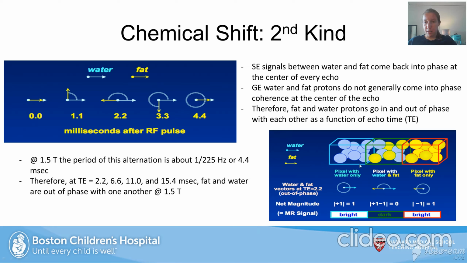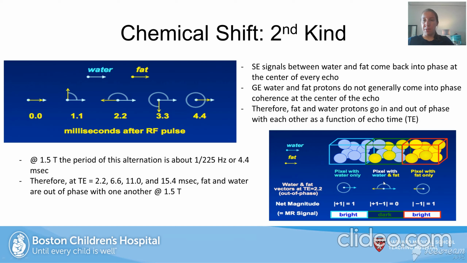So if we look at this image down here, and how this translates to an image, if this is a voxel with water only, and this is a voxel with fat only over here, they're going to be in phase with each other, and they're going to show up as bright on the image. But a voxel containing water and fat, relatively 50-50, maybe 60-40, once they go out of phase with each other, is going to show up as a dark voxel in your MR signal.